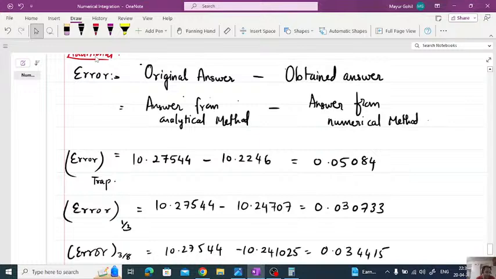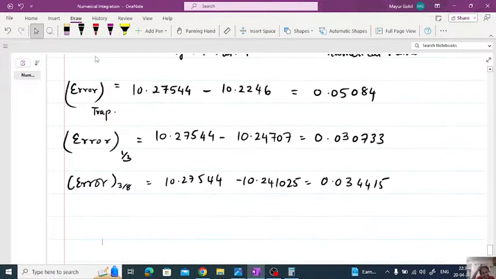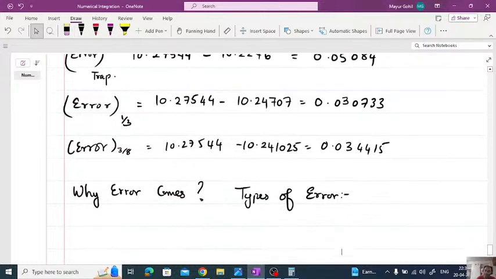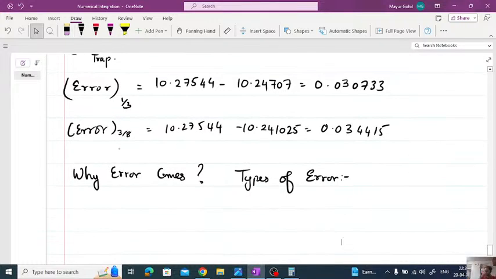But now let me explain why these errors come and the types of errors. Let me explain some small types. First is approximation error.